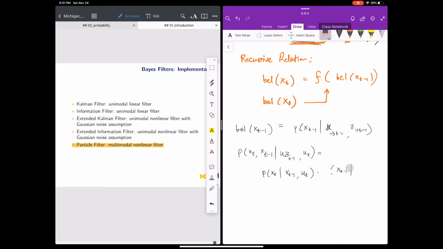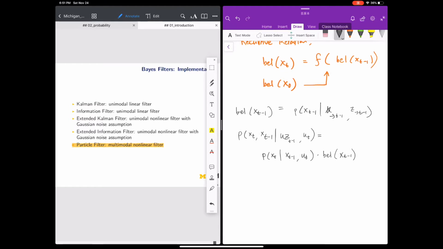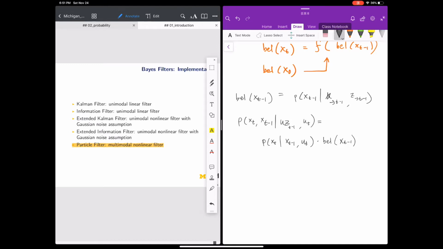Well, this is just a belief of the previous time, right? So let's give them a new name. We're calling them PBM, which is produced by motion model.